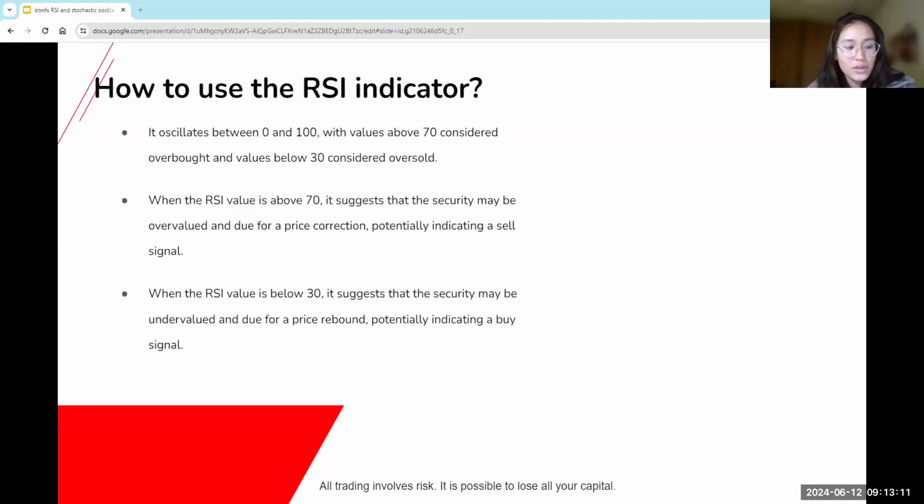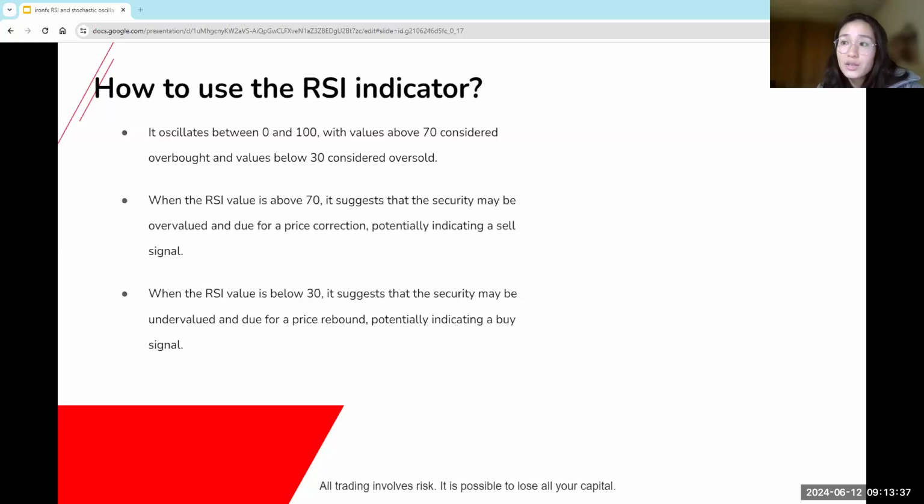So how do we use that? It oscillates between 0 and 100, with values above 70 considered overbought and values below 30 considered oversold. When the RSI value is above 70, it suggests that the security might be overvalued and due for a price correction, potentially indicating a sell signal.